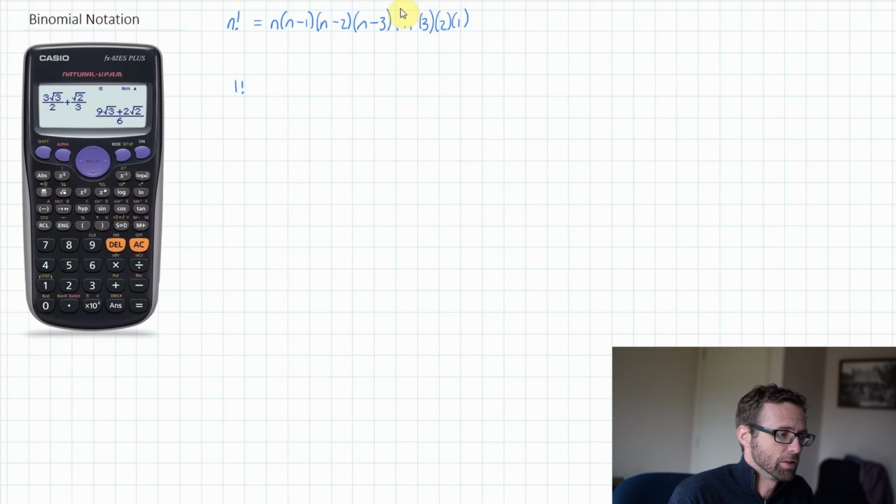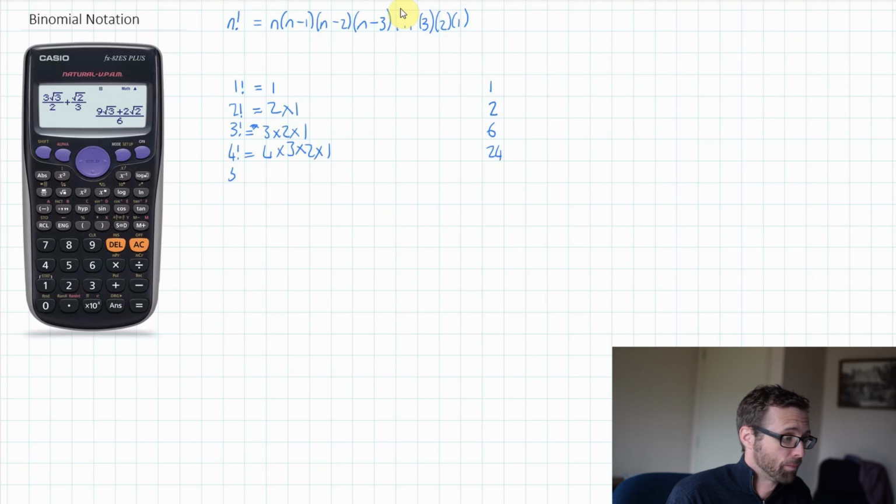So 1 factorial is equal to 1. 2 factorial is equal to 2 multiplied by 1, so that is 2. 3 factorial is equal to 3 times 2 times 1, which is 6. 4 factorial is equal to 4 times 3 times 2 times 1, which is 24.